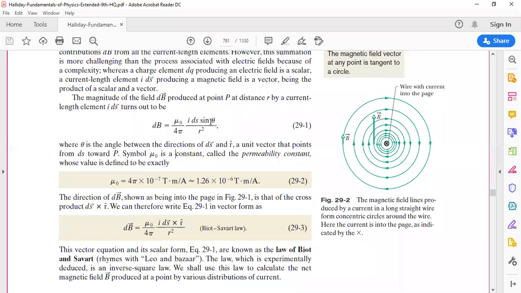As you can see in equation 29.1, I ds sin theta means that it must be some vector product, a direction dependent quantity, with I and ds both.